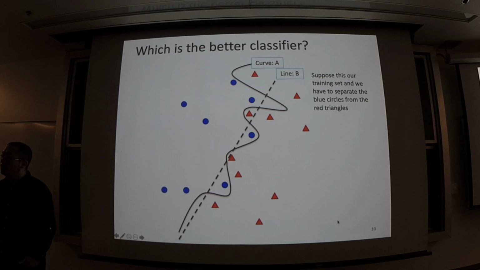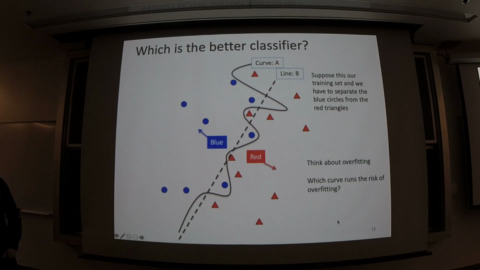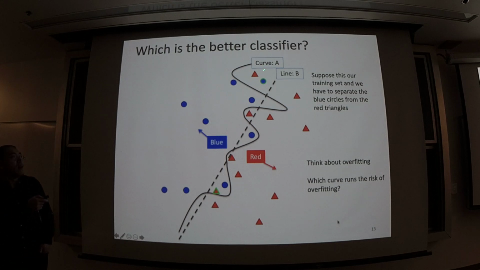To give you an example, say these two examples. Suppose this red triangle is originally labeled blue, but due to some noises, it was flipped to be a red triangle.